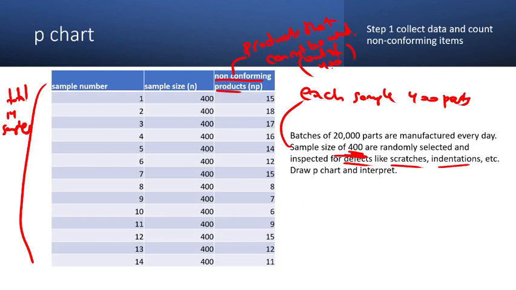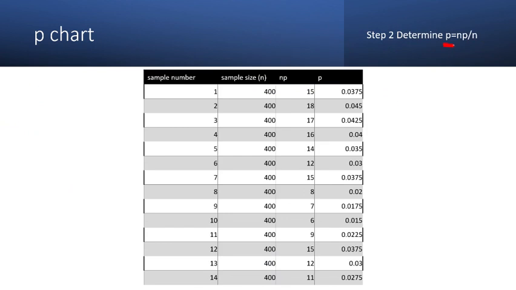And this is step 1. We collect the data and then count the non-conforming items. Step 2 is that we need to find the p-value. P is NP divided by N. So 15 by 400, 18 by 400, 17 by 400.